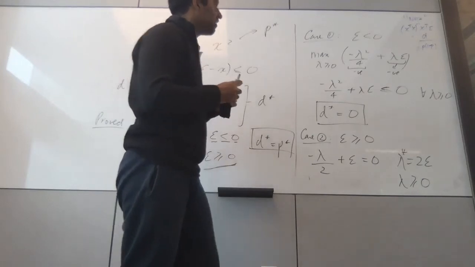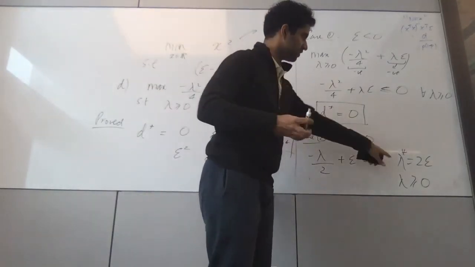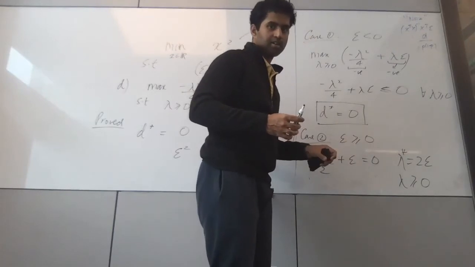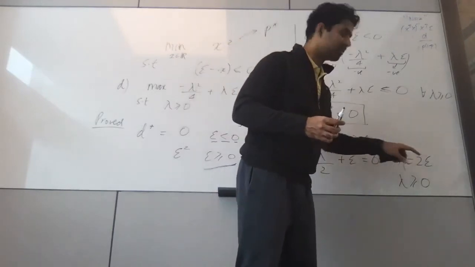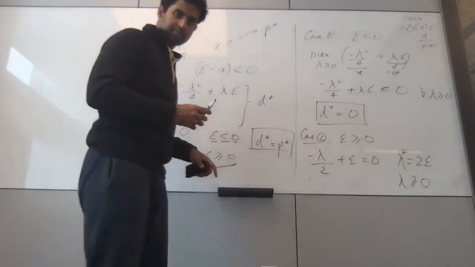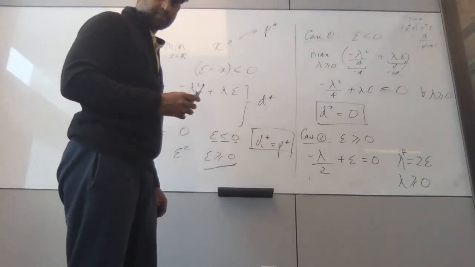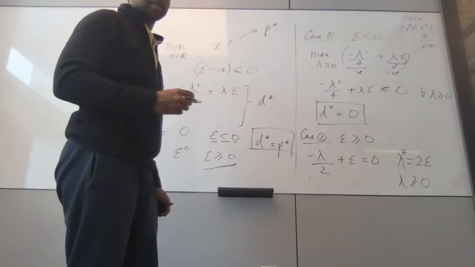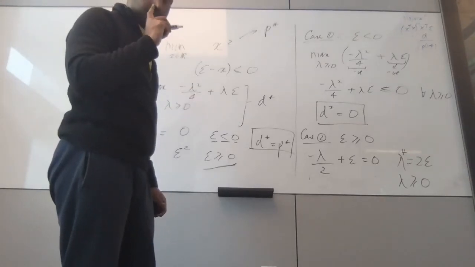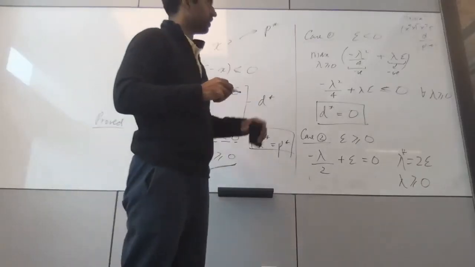If you take the derivative, you still get the same answer, lambda star is 2 epsilon, but this 2 epsilon would not be in your constraint, because lambda is bigger than or equal to 0. That wouldn't be helpful if we just take the derivative.